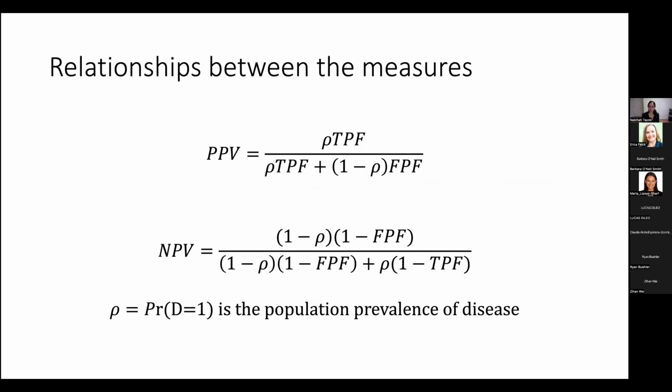These are all related to each other though. For the statisticians in the audience, the way you get these relationships is using Bayes' theorem. But essentially, you can see here, the positive predictive value is a function of your true positive fraction, your sensitivity, your false positive fraction, one minus your specificity, and rho. Rho is the population prevalence of the disease.